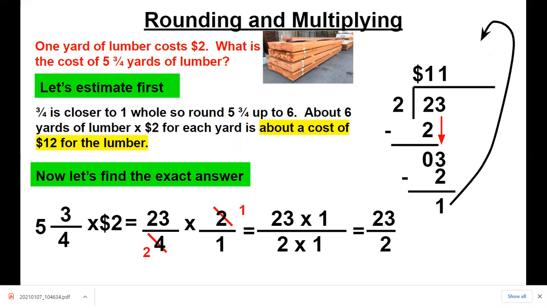I'm going to bring that up and make that my numerator. And 2 stays my denominator. So $11.50. How much will it cost? $11.50. $11.50 is very close to $12, our estimate. So we know we did our math correctly.